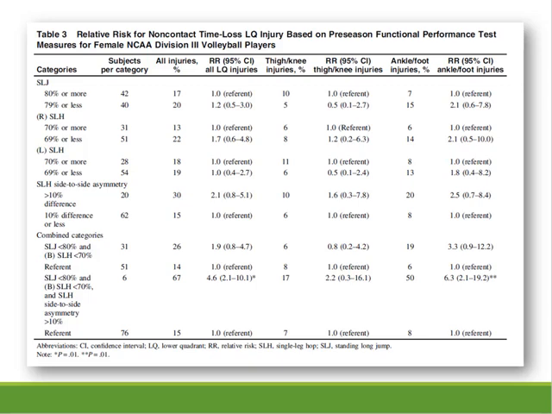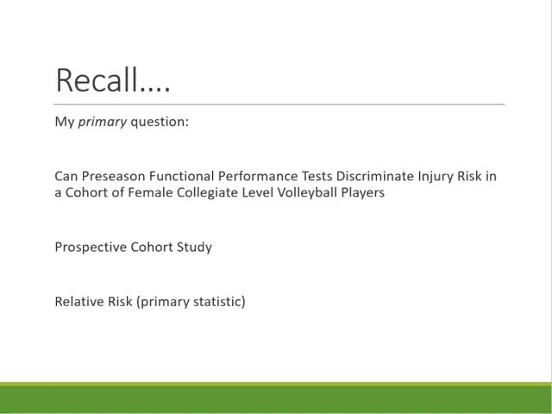What I found was that athletes who had below 80% of their height for their standing long jump, below 70% of their height for the single leg hop on both legs, and who presented with a side to side asymmetry greater than 10% on the single leg hop, had a 4.6 times risk of having any non contact time loss injury to the lower quadrant region and a six-fold increased risk of injury for the ankle and foot region. And again, these were non contact time loss injuries.